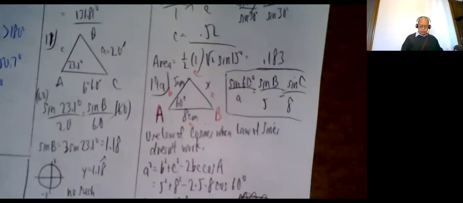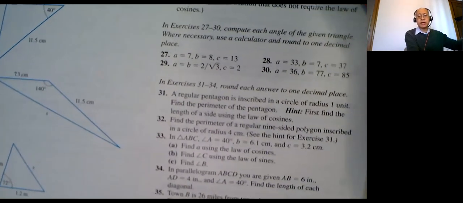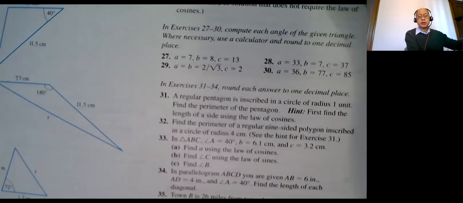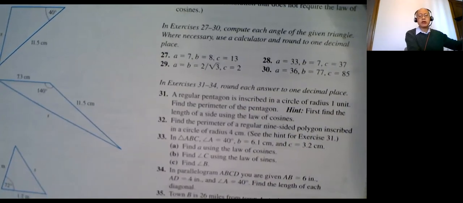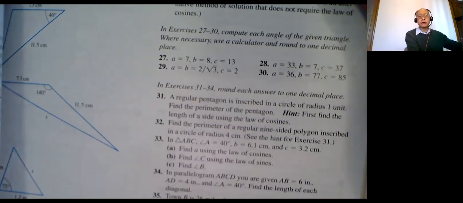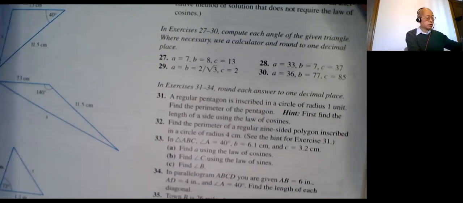The other kind of situation where you're stuck with the law of sines is if they give me 3 sides, so 27 and 29 would be another such example. They give you all 3 sides, but no angles. So you can't do law of sines because you have exactly one of each piece of information. So you have to do law of cosines, and I'll show you how to do that tomorrow.